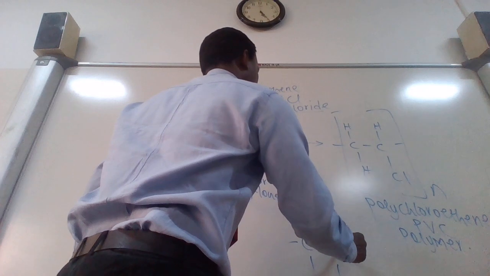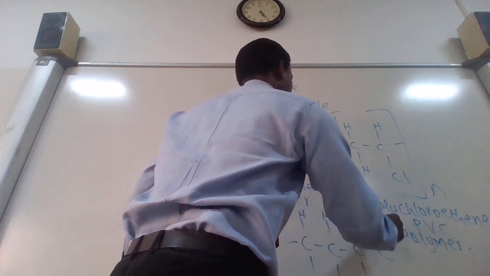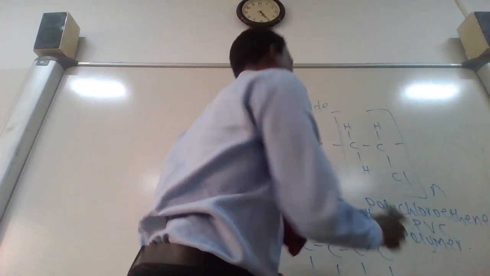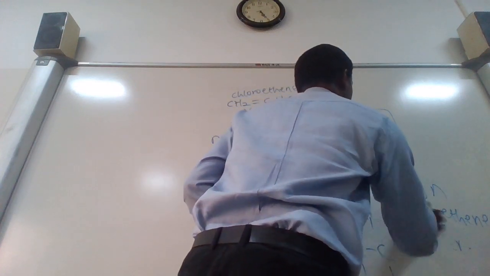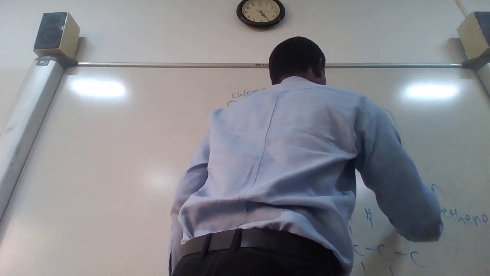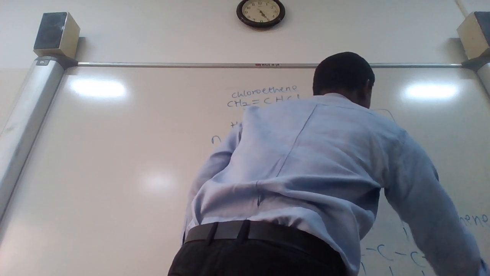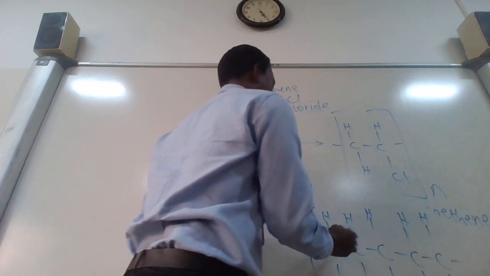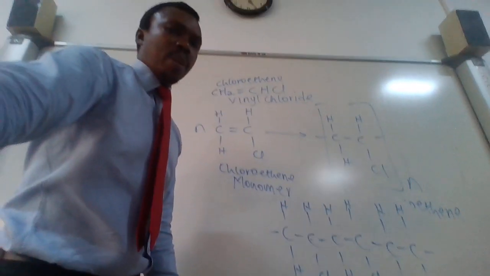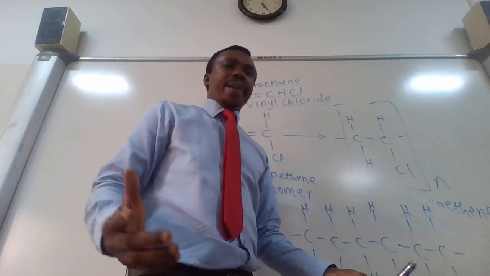This is 1 repeat unit, this is 2. So 1, 2, 3. These are the 3 repeat units of polychloroethene.